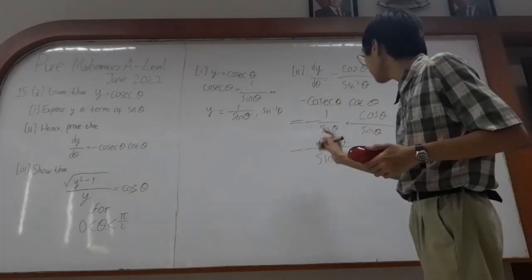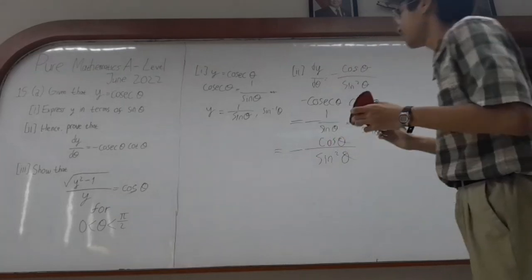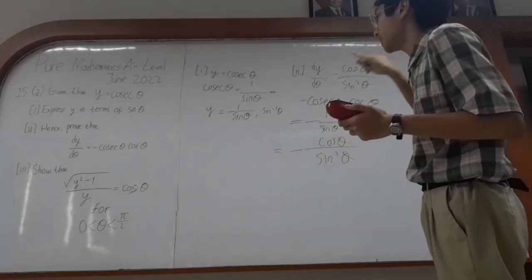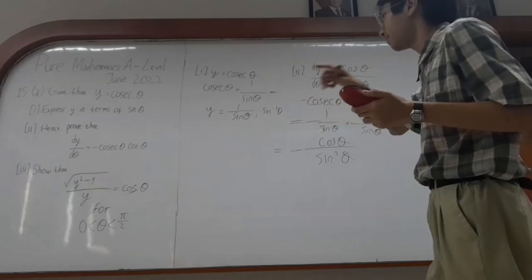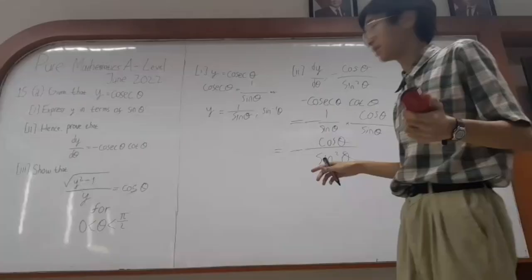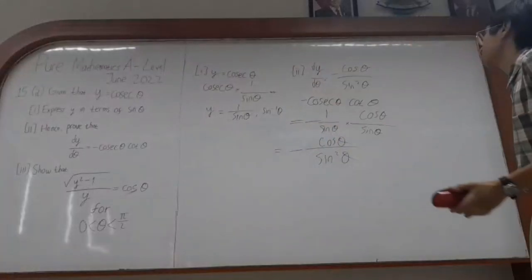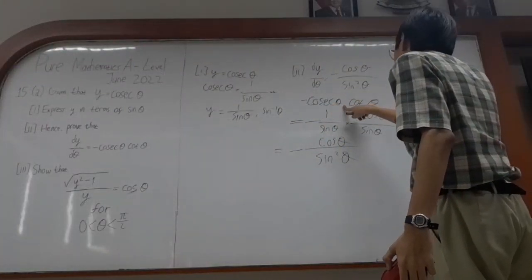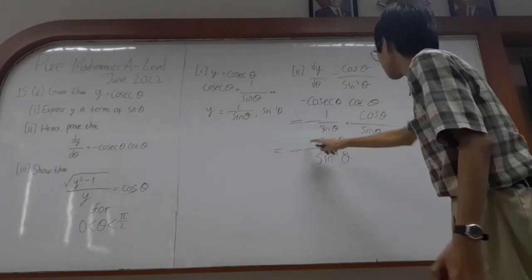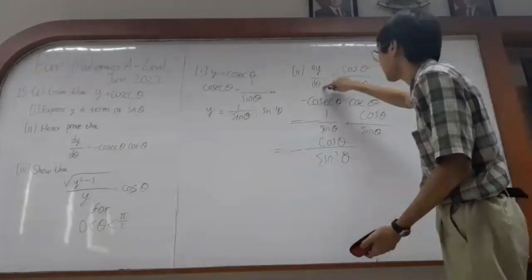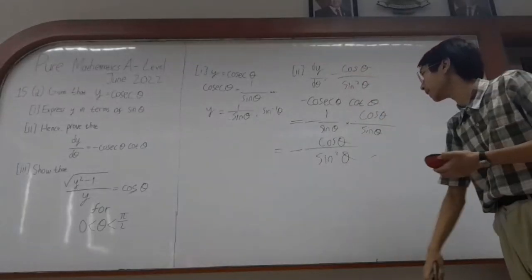So we are finally able to prove that dy over d theta equals negative cosecant theta multiplied by cot theta. And it has this expression because minus cosecant theta multiplied by cot theta is the same as how we differentiate dy over d theta. So therefore it is proven.